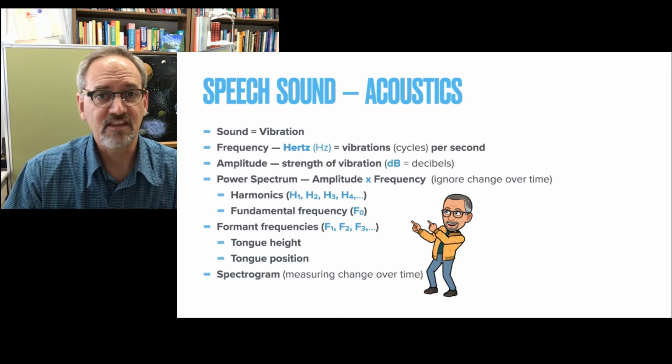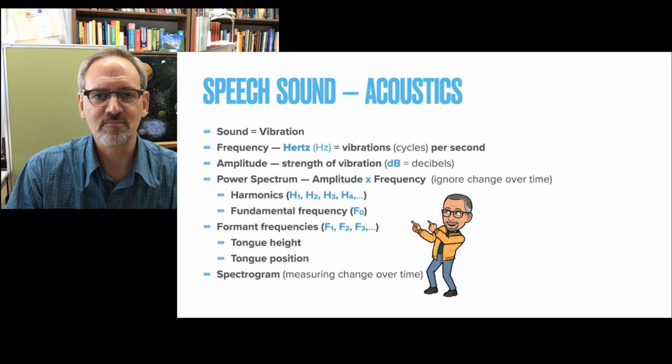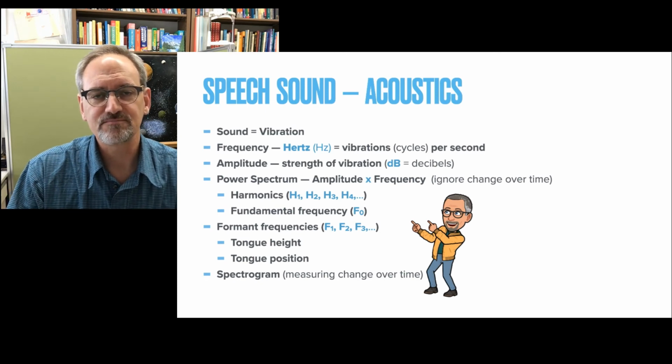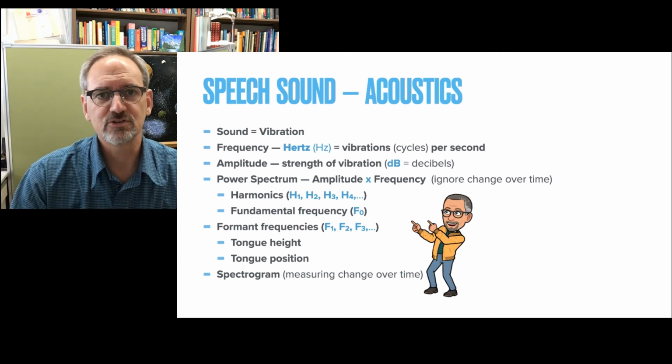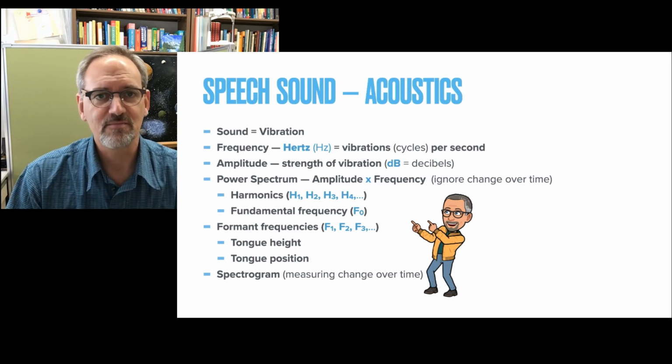In fact, in the F1, the first formant. And so we'll learn how to do that, and we'll learn what that means exactly. And then F2, the second formant, is caused by the particular position of the tongue in the mouth, whether it's pulled toward the back of the mouth or pushed toward the front of the mouth.